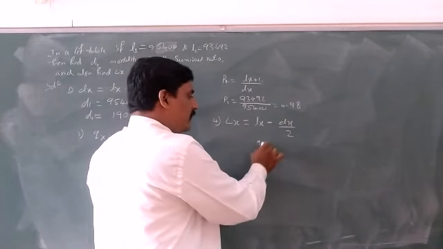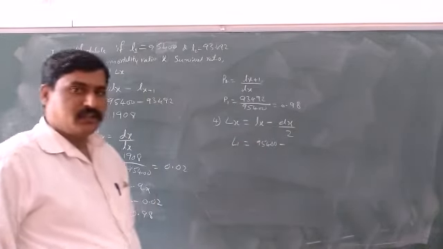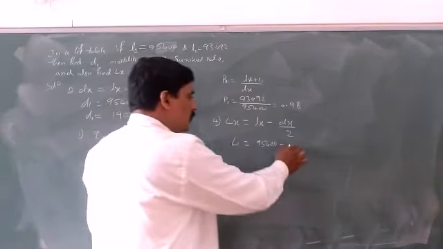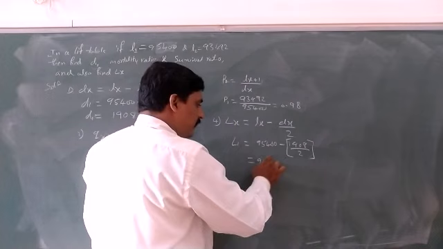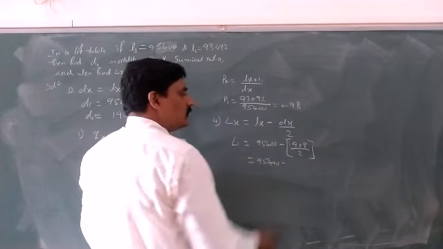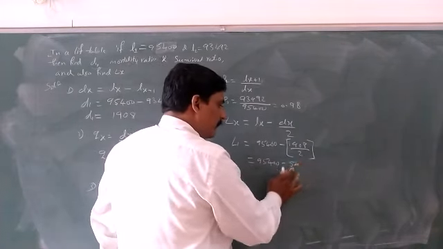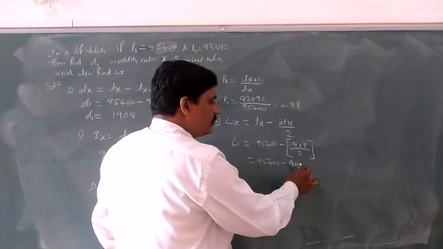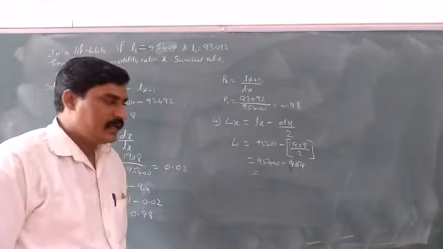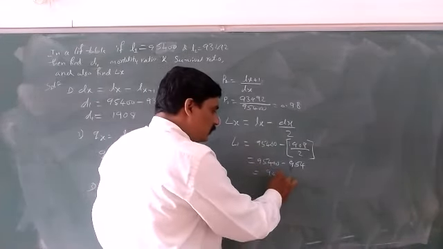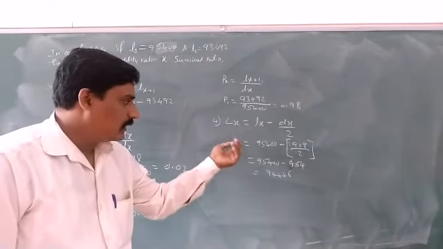L1 is 95,400 and d1 is 1,908, divided by 2 gives 954. So 95,400 minus 954 is 94,446.